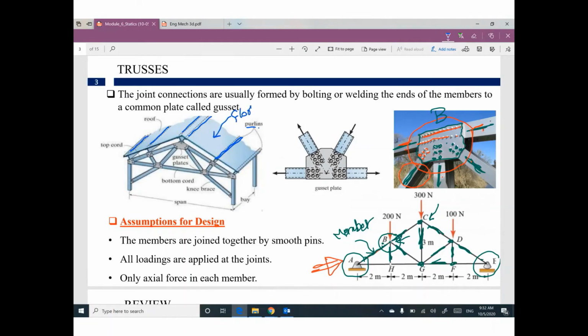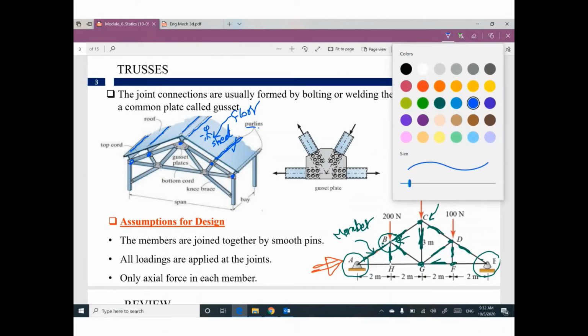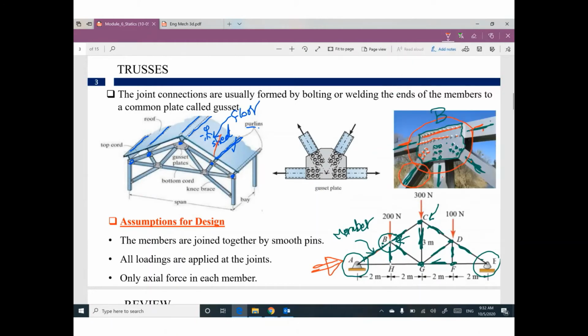So if you are sitting here, your load will go to this sheet, and this sheet will be supported by this purlin, and these purlins or these secondary beams are supported by the truss at this joint only. That means the final forces will be at these locations only.